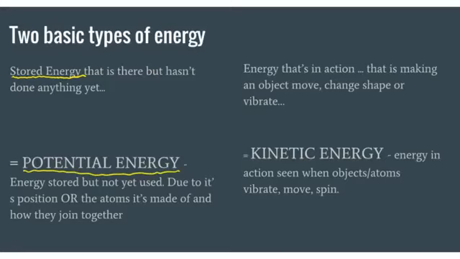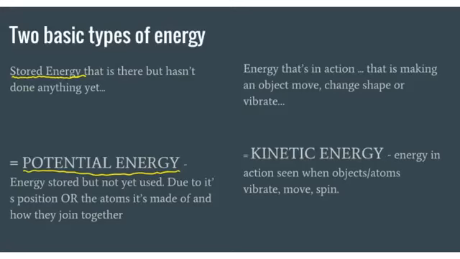Now, this means that because of an object's position, or the atoms that are inside it, or the way that those atoms have magnetic fields around them, all of those things have the potential to do something if you put them in the right position, but they haven't done anything yet.